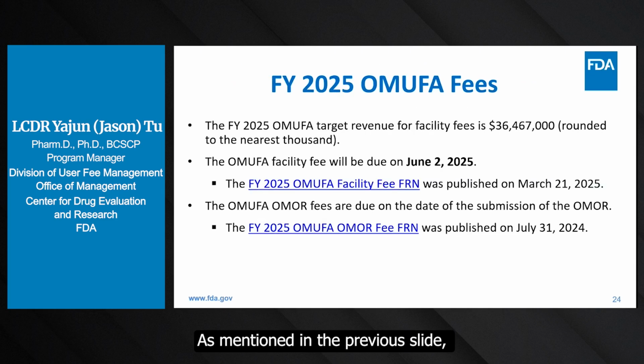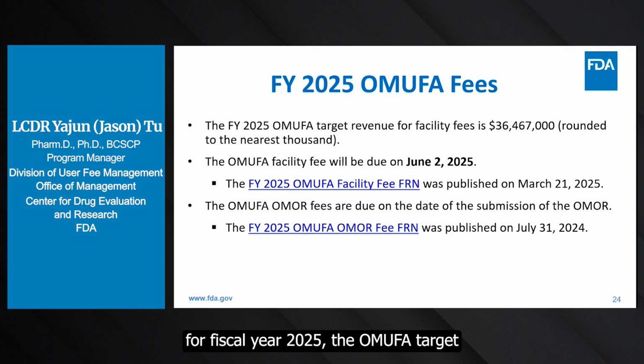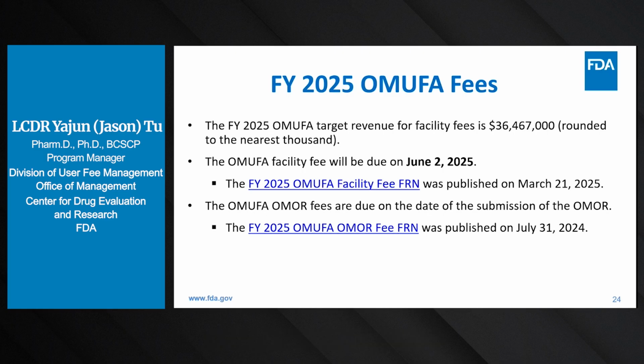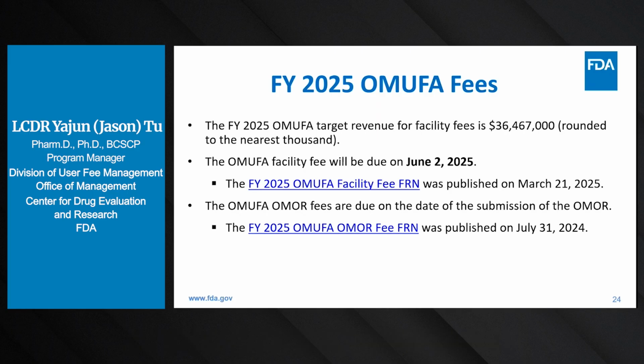As mentioned in the previous slide, only facility fees are included in the OMUFA target revenue calculation. For fiscal year 2025, the OMUFA target revenue is $36,467,000 rounded. The OMUFA facility fee will be due on June 2nd, 2025.